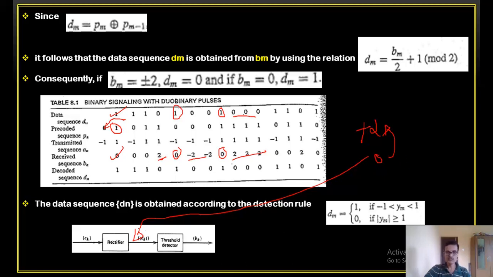If I apply the same signal to the threshold detector, where the threshold value is set as the average of these two, say 1 volt, if the input is more than 1 volt, that will be 2, and will be taken as 0. If it is below the threshold value, the output will be taken as 1. So this is how we recover the original data using this method.